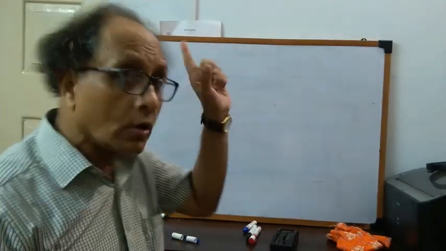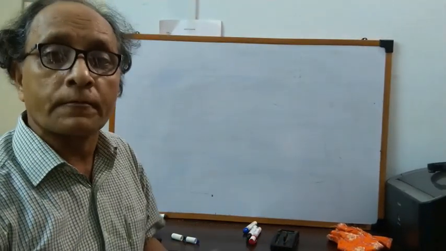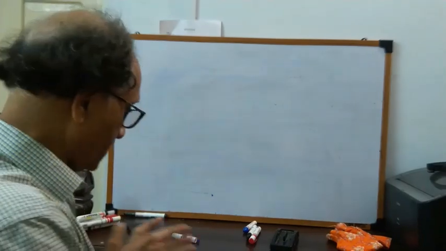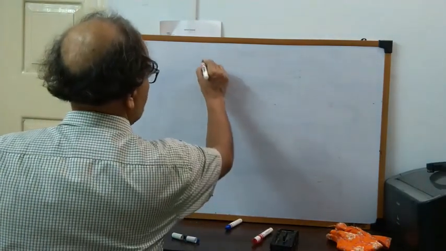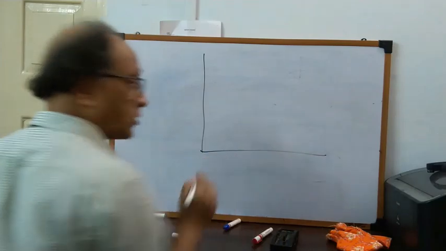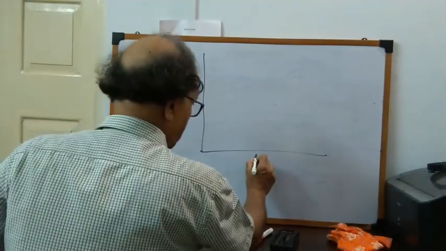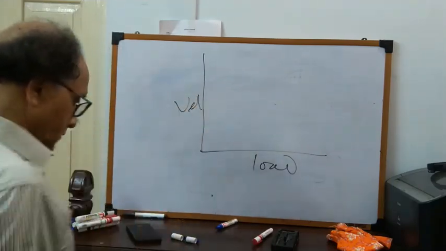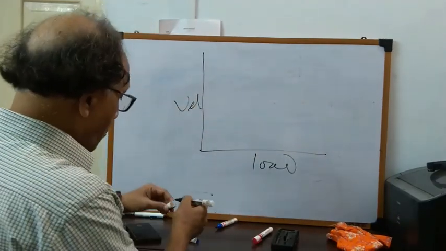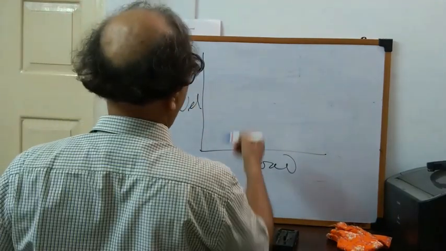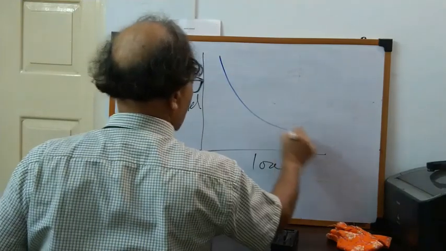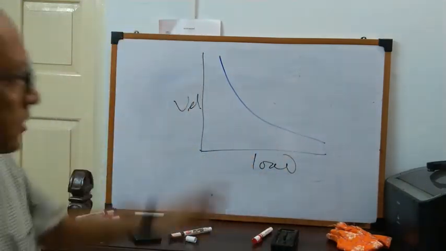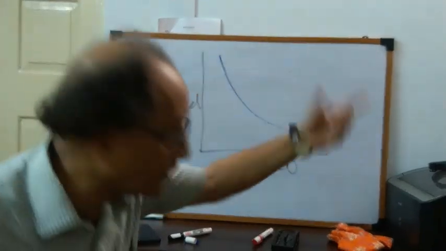So I have shown you the length-tension curve for preload, and for afterload I will show you the load-velocity diagram. One is load, meaning afterload, another is velocity. So how is load determining the velocity? It is obviously inverse, not exactly linear, a bit non-linear.